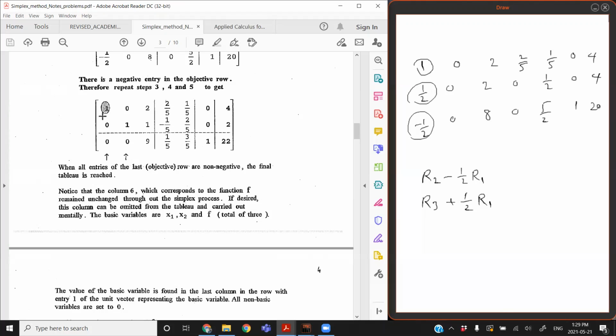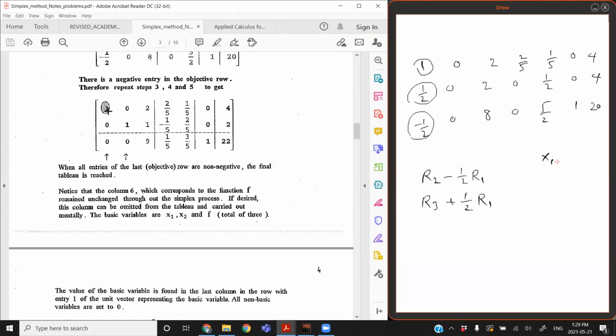I can see that x1 is a basic variable now because there is a unit vector for the column corresponding to x1. x2 is also a basic variable. x3 is not a basic variable. And f is also a basic variable.